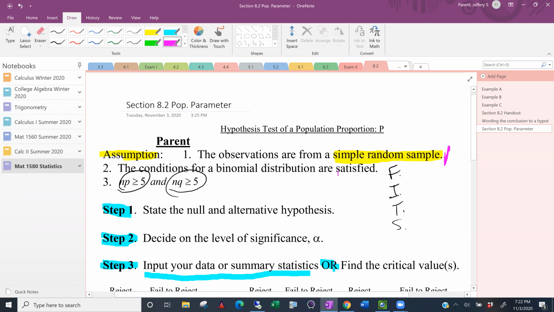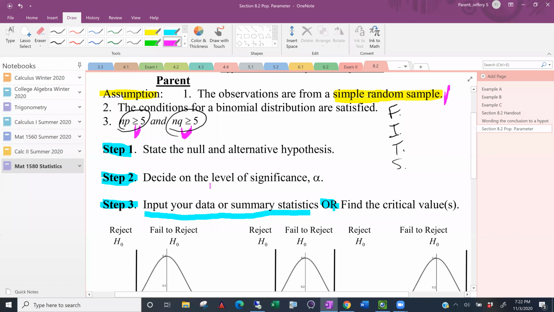This does satisfy the binomial random variable assumptions. We have a fixed number of trials, N is 102. They're independent. Yes. Two outcomes, blue or not blue, and the same probability of success throughout. Now you have at least 5 successes and 5 failures. In fact, we got 20 successes and 82 failures. So both of those work.